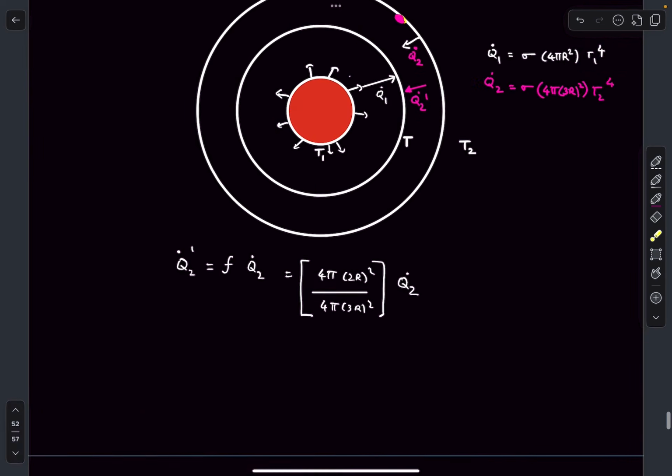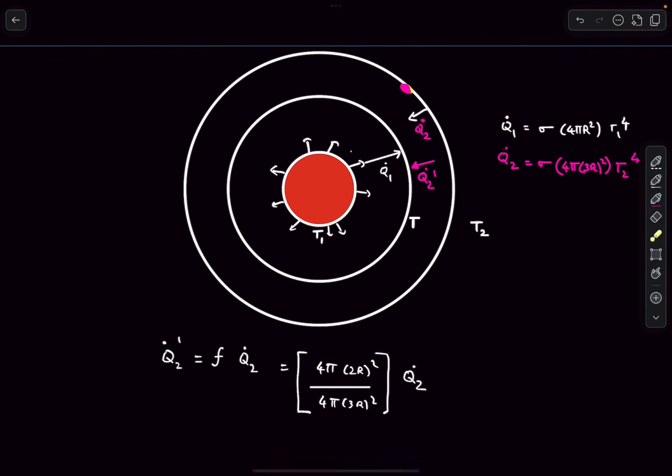The actual mathematical proof for the spherical and the cylindrical case is very simple. If you want a more rigorous proof, you can check out Wikipedia. Just Google the term view factor, and there is an article on Wikipedia, I believe.